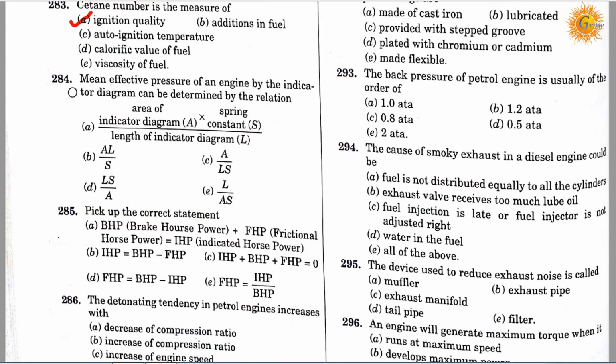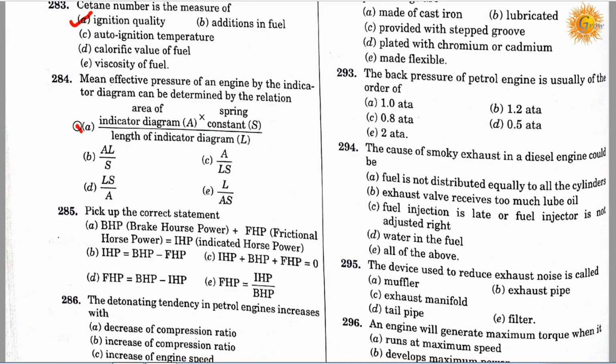Question number 284. Mean effective pressure of an engine by the indicator diagram can be determined by the relation: option A, area of indicator diagram A into spring constant S divided by length of indicator diagram L; option B, AL upon S; option C, A upon LS; option D, LS upon A; and option E, L upon AS.